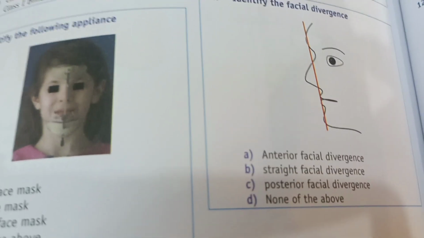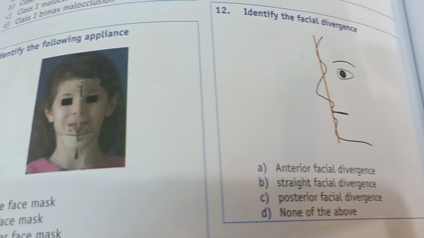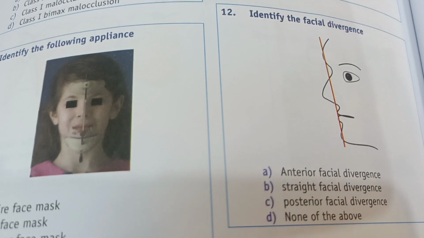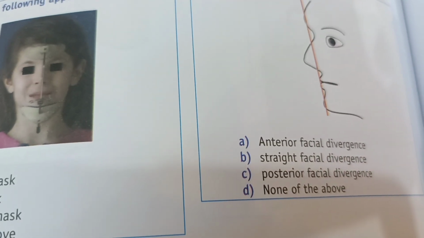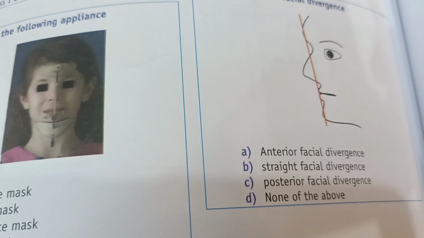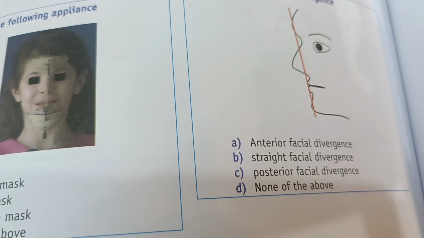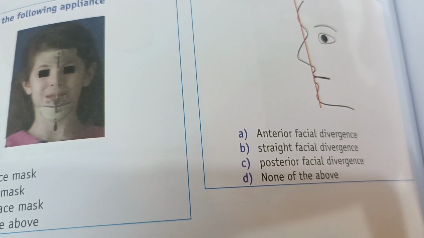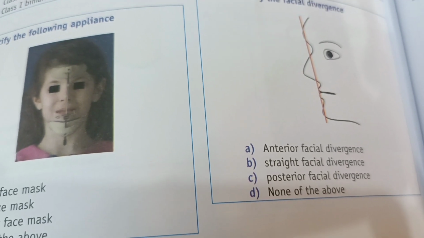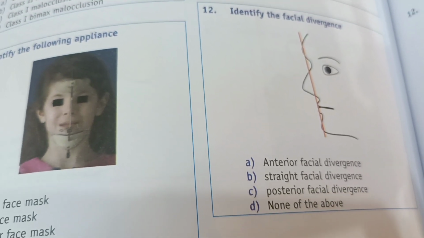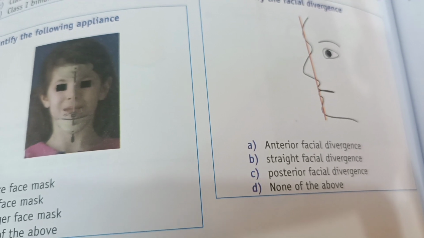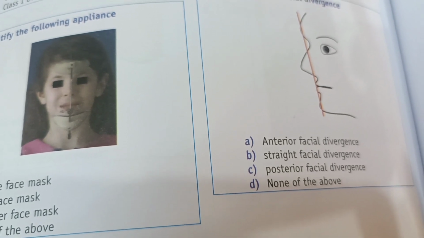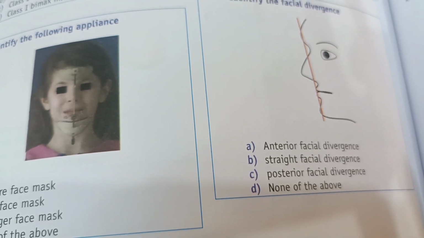Identify the facial divergence. Facial divergence comes again and again, so it's obviously an important question. The options are option A, anterior facial divergence; B, straight facial divergence; C, posterior facial divergence; and D, none of the above. Posterior divergence is appreciated when a line drawn between forehead and chin is inclined posteriorly.